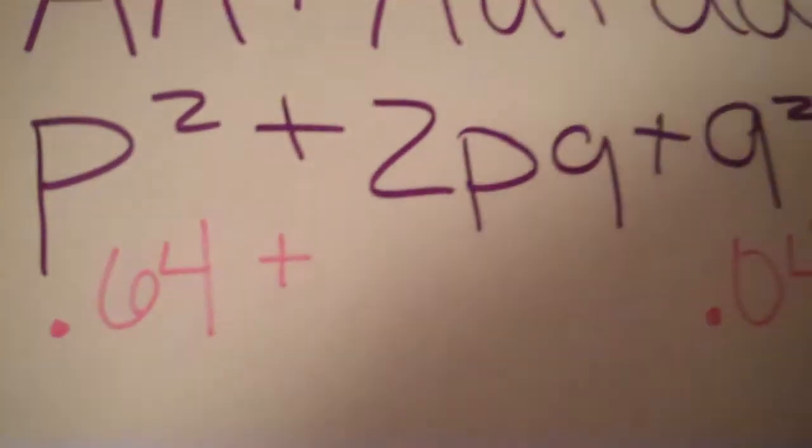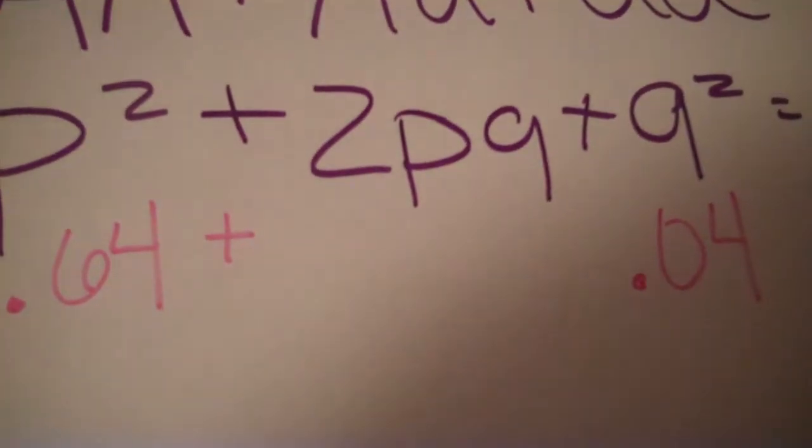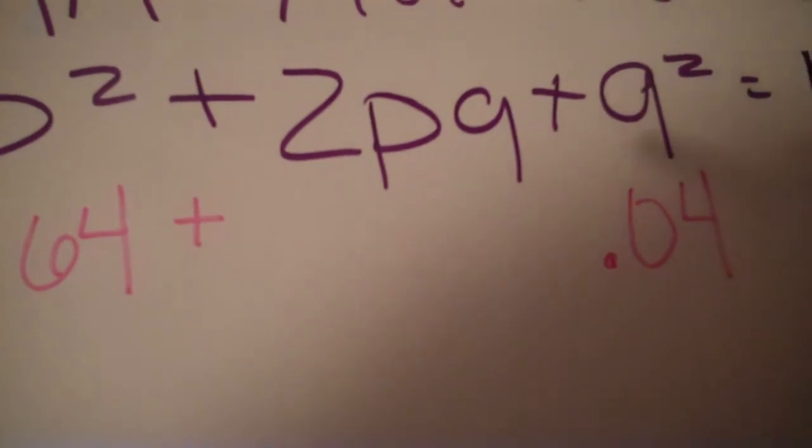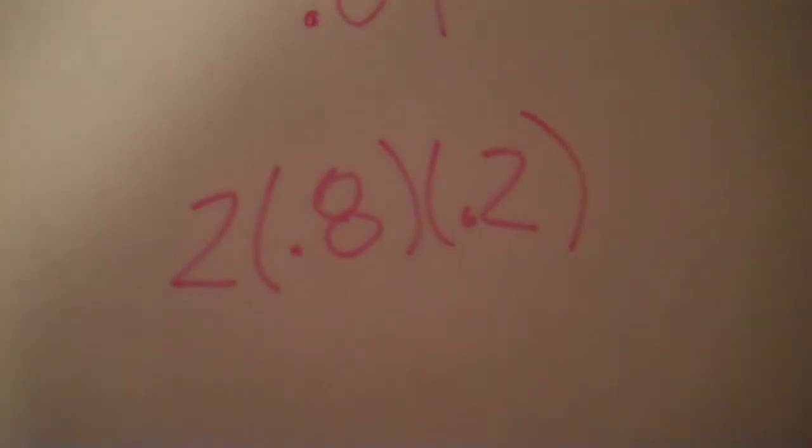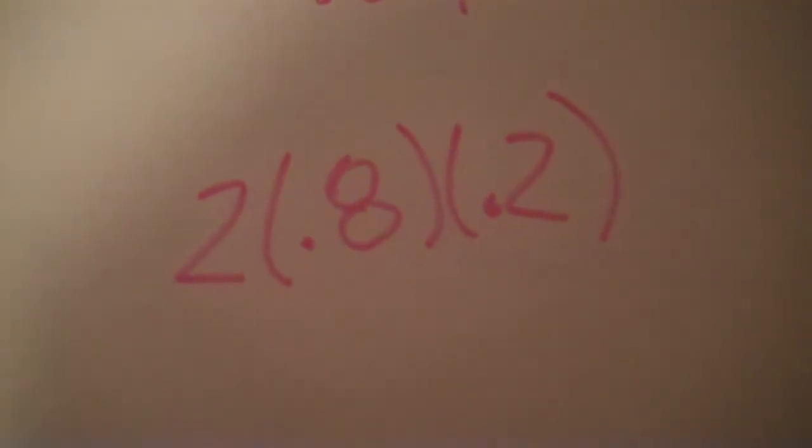And then, since we already figured out the values of p and q, you can automatically plug them into 2pq. So 2pq would be 2 times 0.8 times 0.2. So then that value should be equal to 0.32 if you multiply it out.